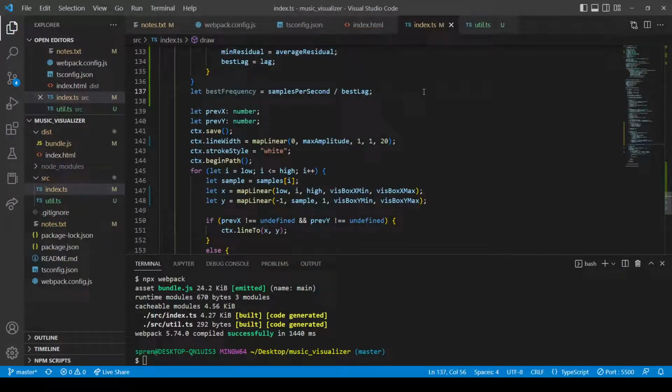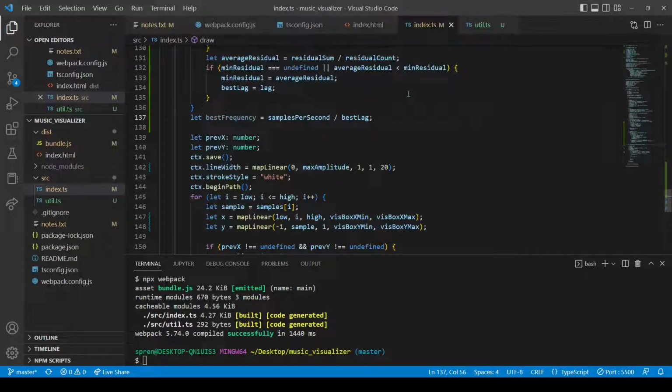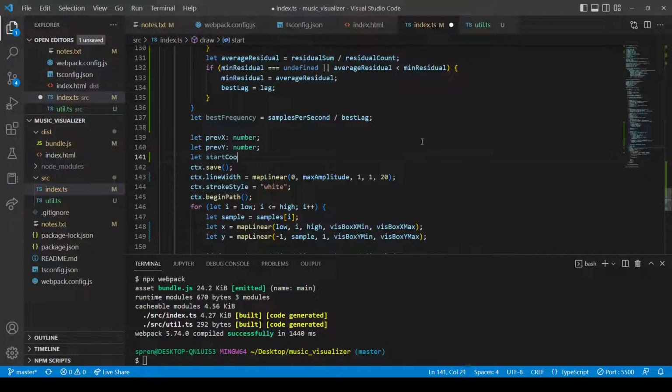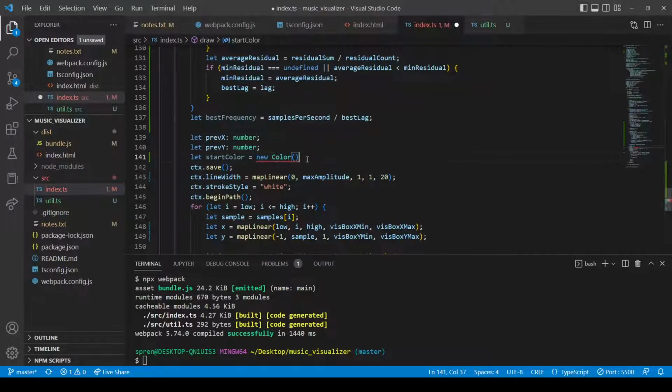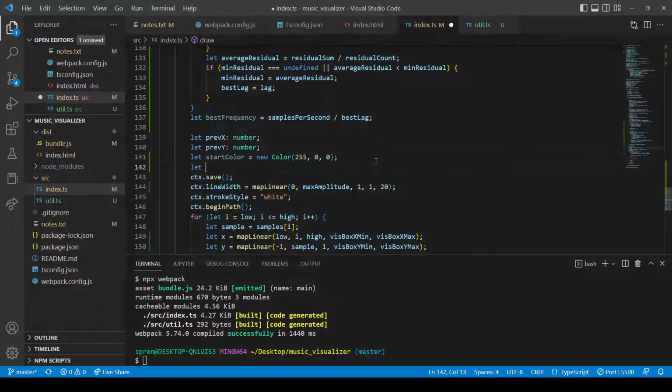And then, what do we do here? Let start color equal new color. It's mad at me. Oh no. Okay, it's fine. It did import the class. Let's do red to purple, right? That seems reasonable.